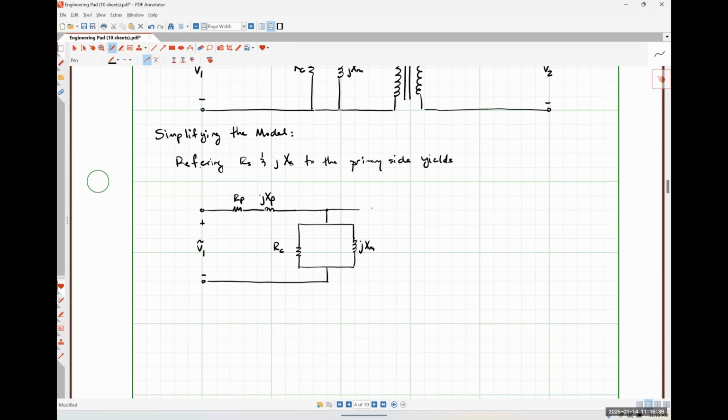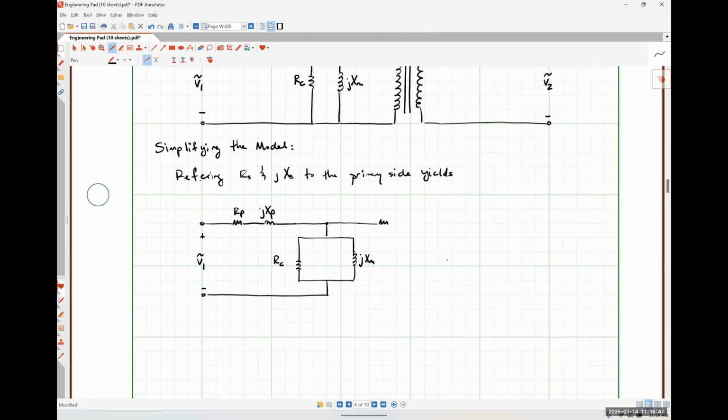And then over here, make sure I have enough room. I'm going to put my reflected resistance. So this is going to be RS over A squared. This is going to be jXS.